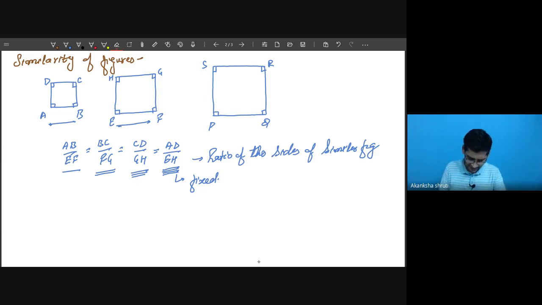So understanding this, the ratio to be followed is called proportional. So this property is written as sides are proportional.